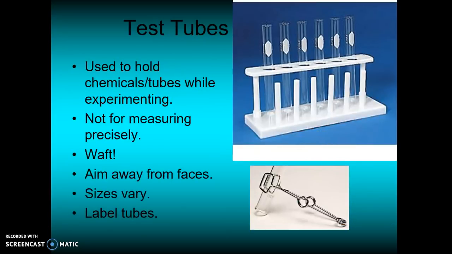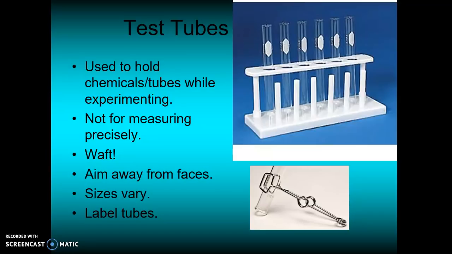Test tube. Another most commonly used glassware in the lab is the test tube. You must have seen in the movies in the chemistry lab these test tubes with their stands. It's used to hold and mix chemicals, but it's not used for measuring any liquid precisely.